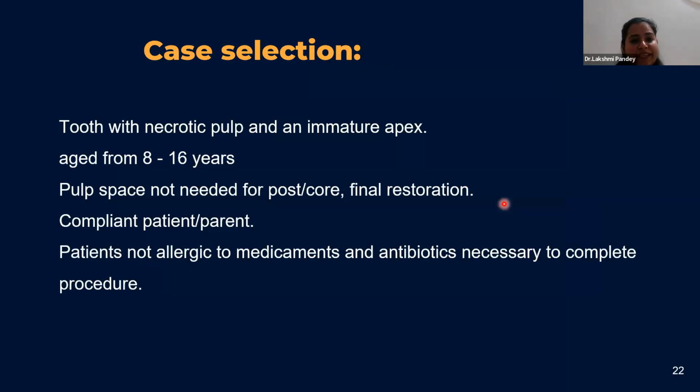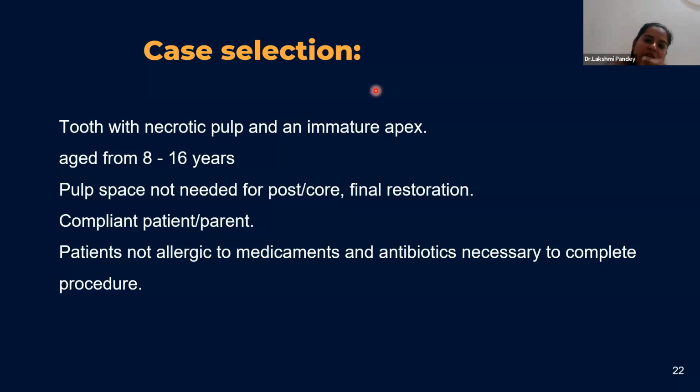Now, see the case selection. Your case selection plays a very important role. A tooth with necrotic pulp and immature apex should be there. Second, age from 8 to 16 years, pulp space not needed.